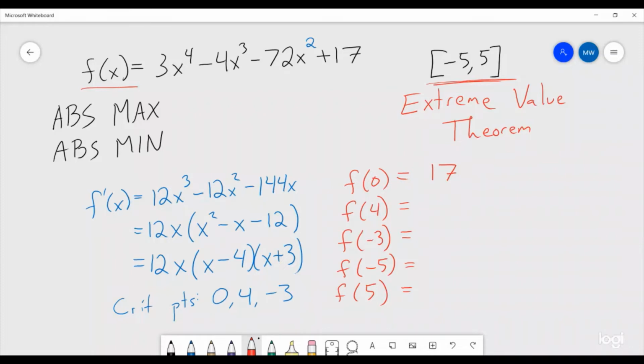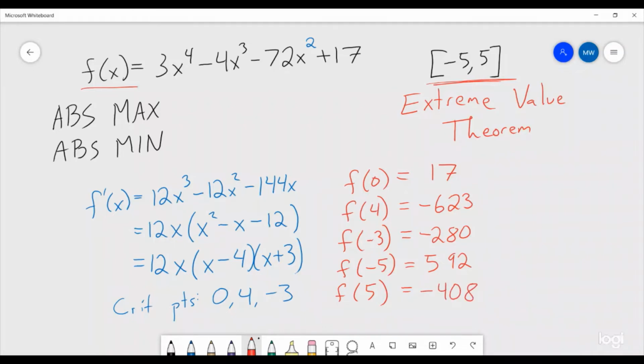Alright, after using my calculator, we found that f of 0 is 17, f of 4 is negative 623, f of negative 3 is negative 280, f of negative 5 is 592, and f of positive 5 is negative 408.